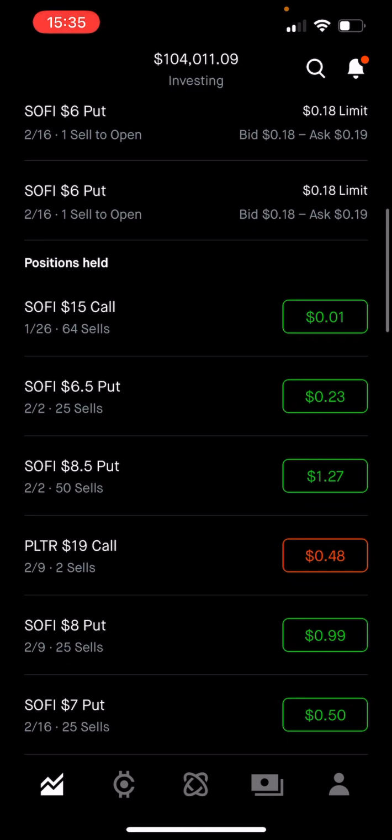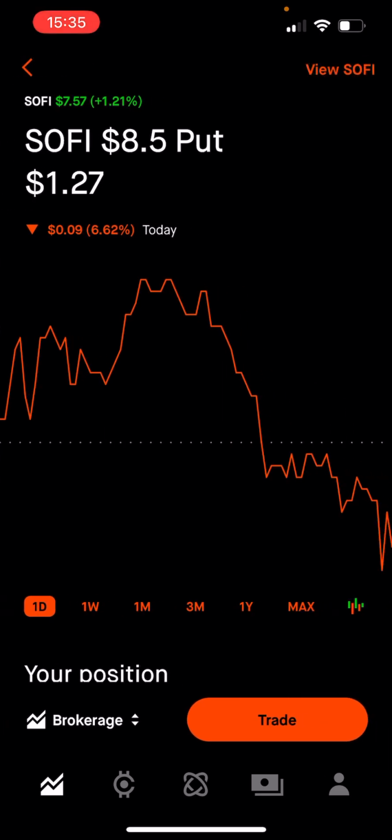a trade, I'm going to show you an example that I have with the 8.5 put that's going to expire February 2nd. So I'm going to click on that. We can see that SoFi is currently at $7.57. And so technically I'm losing on this trade. So to monitor your trade to see how likely it's going to get assigned to you or put on you, you could calculate the intrinsic value and the extrinsic value.